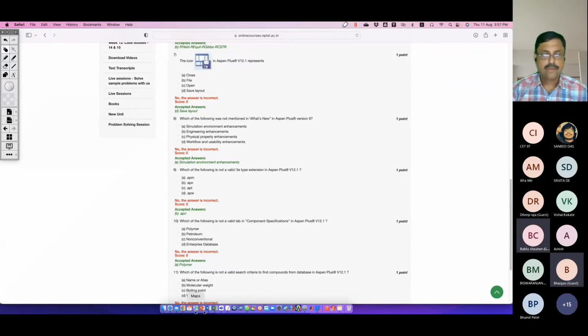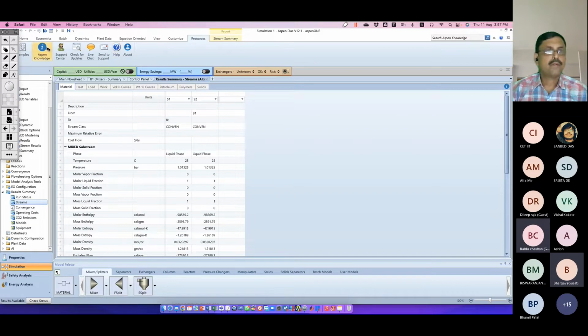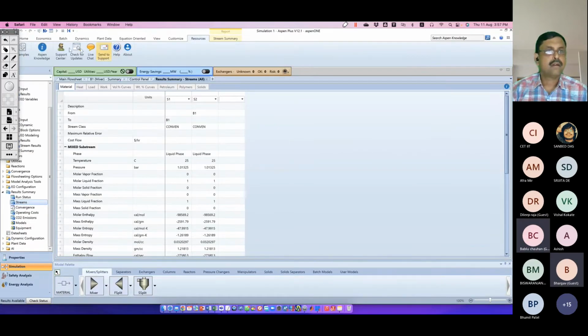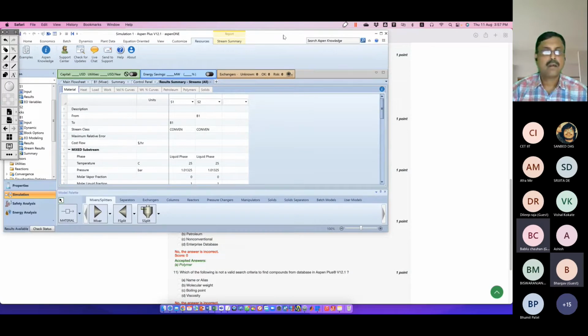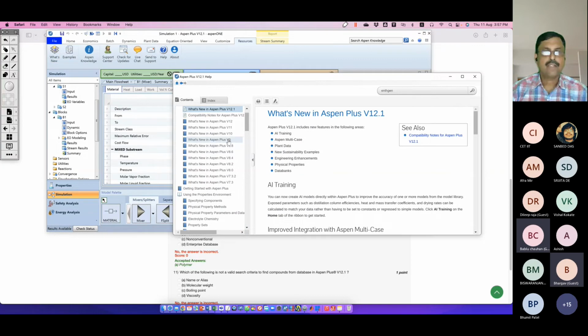So if you go to your resources and check for updates, what's new in version 9.